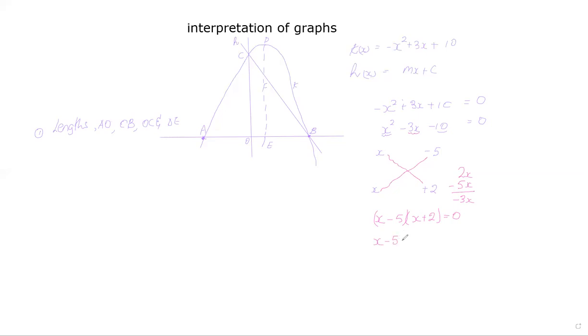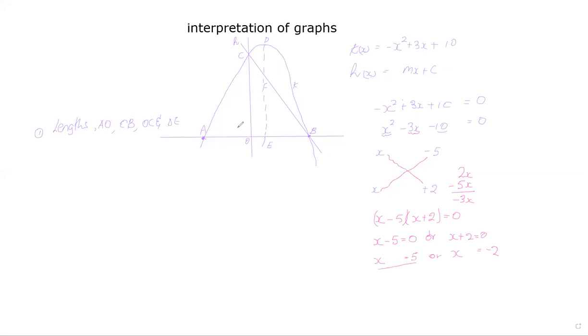X minus 5 is equal to 0, or x plus 2 is equal to 0. X is equal to negative 2, or x is equal to positive 5.